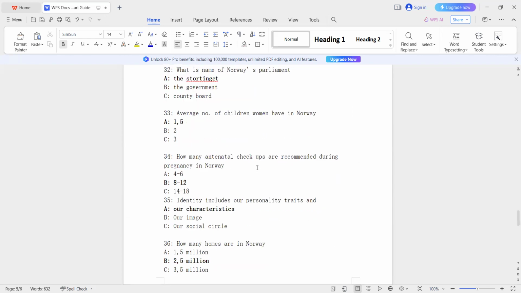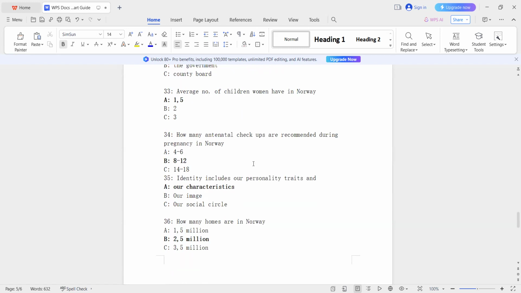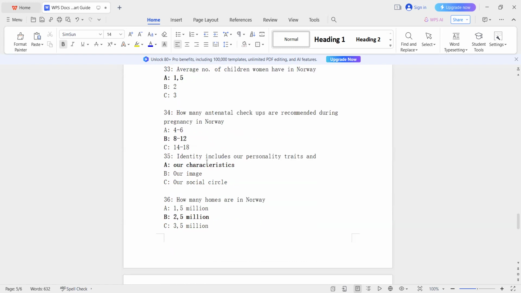It is recommended, but we can choose by ourselves according to our need. But we have to take safety steps, and if there is need, we contact our doctor and nurse. Identity includes our personality traits and our characteristics.